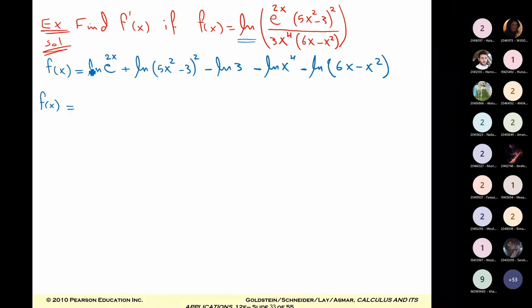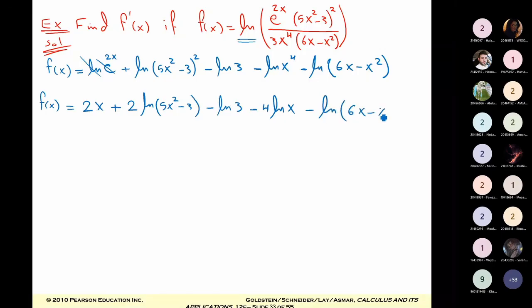Now we can remove ln with e, so we have 2x plus, putting the exponent outside the ln, 2 ln of 5x squared minus 3 minus ln 3 minus 4 ln x minus, we don't have a power, ln of 6x minus x squared. But if we have ln 3x to the power 4, we cannot put the 4 outside because this is 4 for x only.